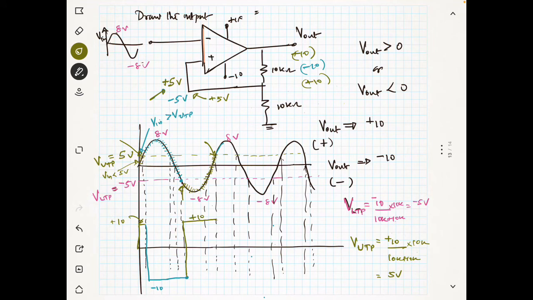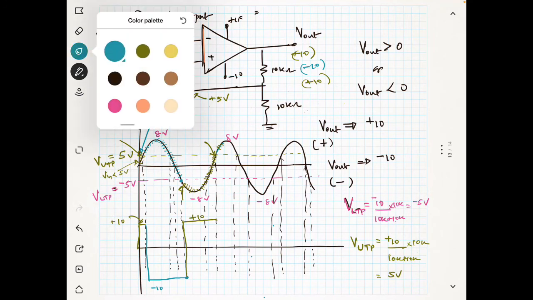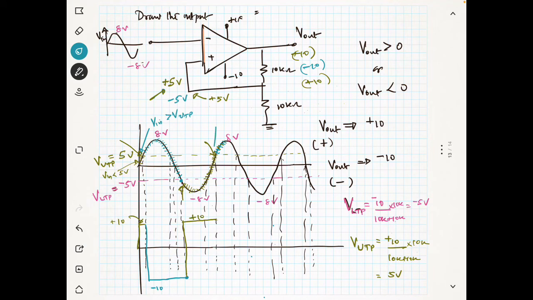But when you reach these points, Vin becomes greater than VUTP, that means Vin becomes greater than 5 volt.